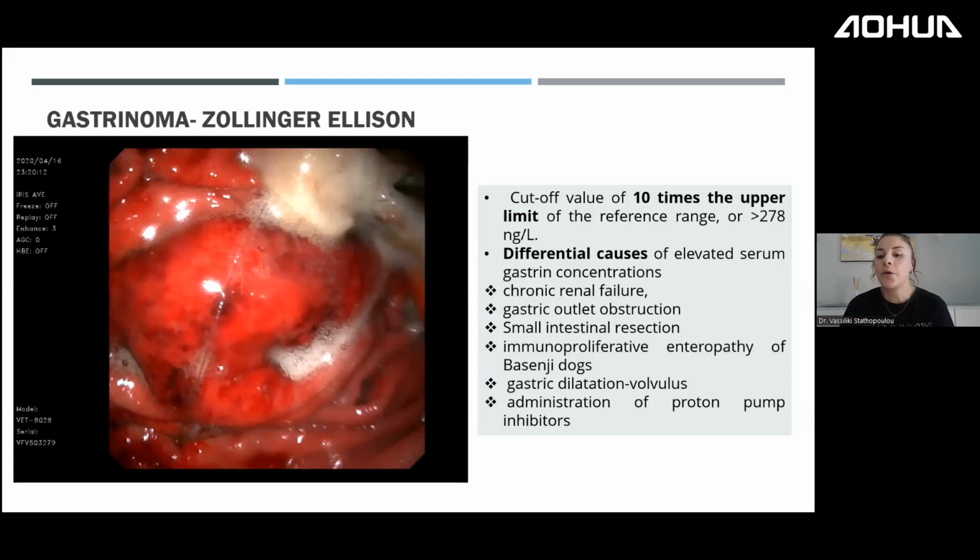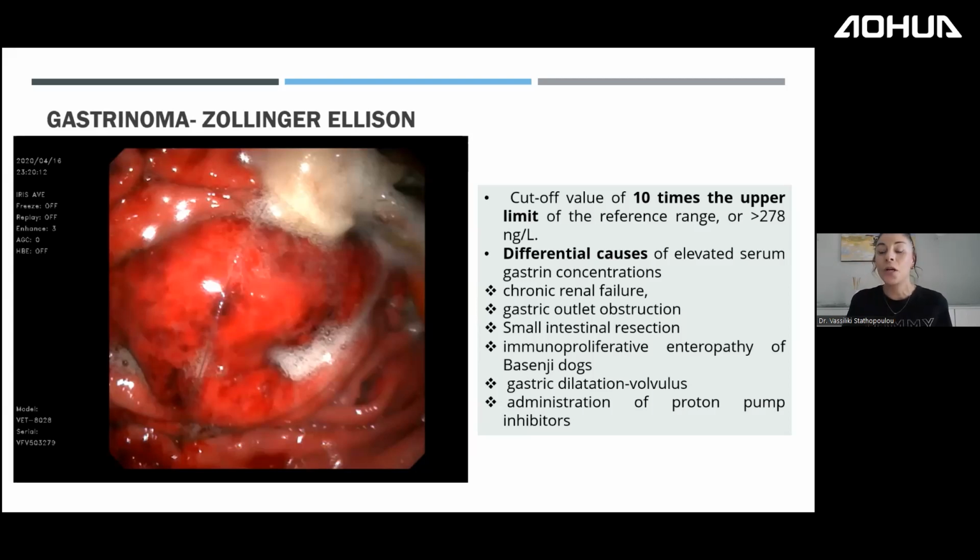Okay. The differential causes for high gastrin concentrations are chronic renal failure, gastric outlet obstruction, small intestinal resection, the enteropathy of Basenji dogs, gastric dilation and volvulus, and sometimes administration of proton pump inhibitors.